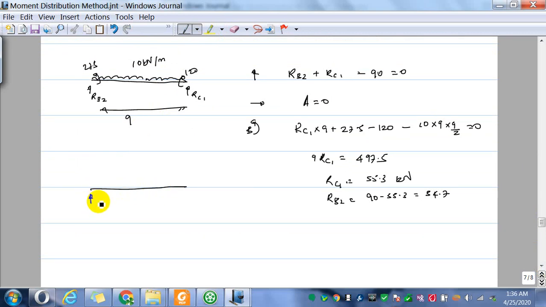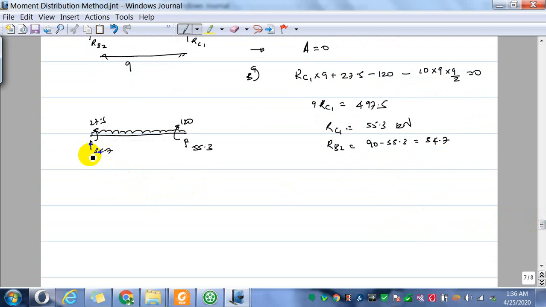Here this is 34.7, this is 55.3, 120, 27.5, and you have a load acting on it as well.